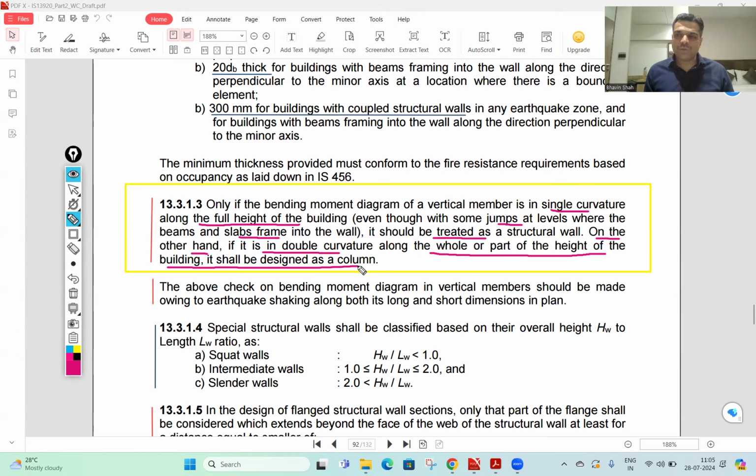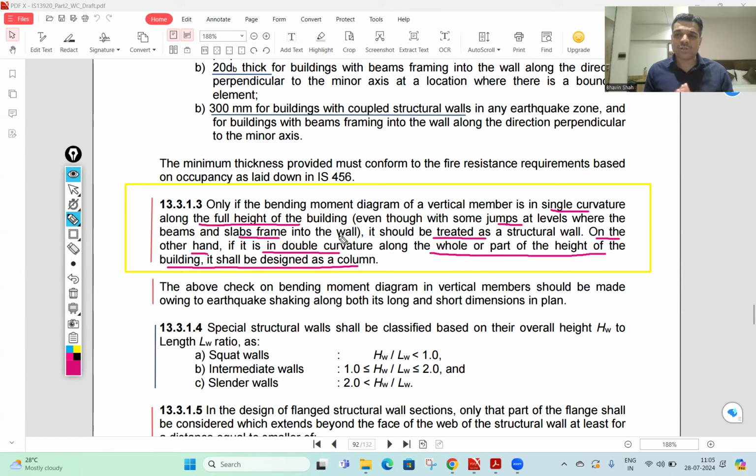According to me, a few more sketches and details should be required, because here it says that even with some jumps at levels where the beams and slabs frame into walls, so wherever there is a beam and slab framing, it allows certain jumps, and that should be treated as a structural wall.